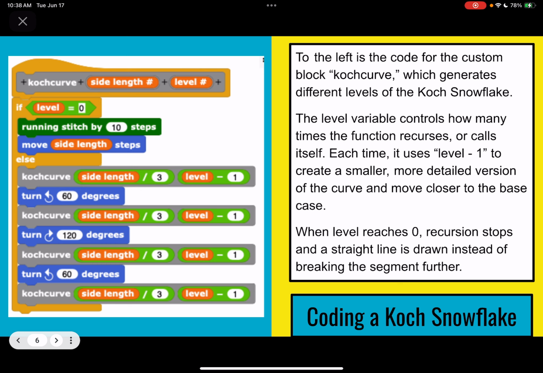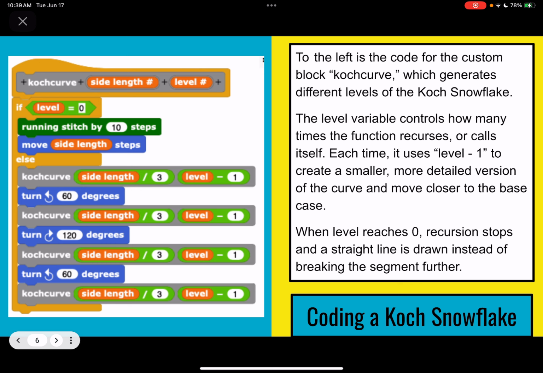Here's how it works. If level equals 0, that's the base case. The turtle simply moves forward. If the level is greater than 0, the turtle calls the Koch curve with 1/3 the length and level -1. It turns left 60 degrees. It calls the Koch curve again. It turns right 120 degrees. It calls the Koch curve again.